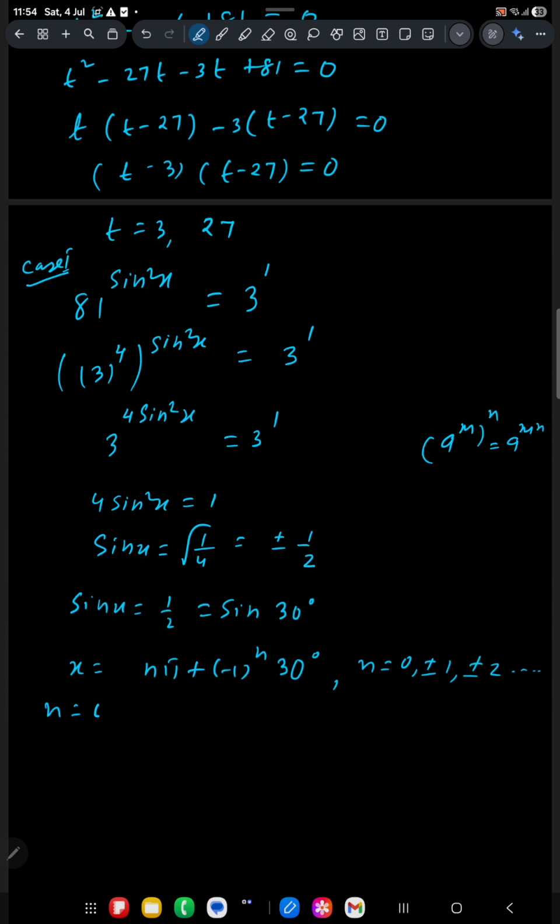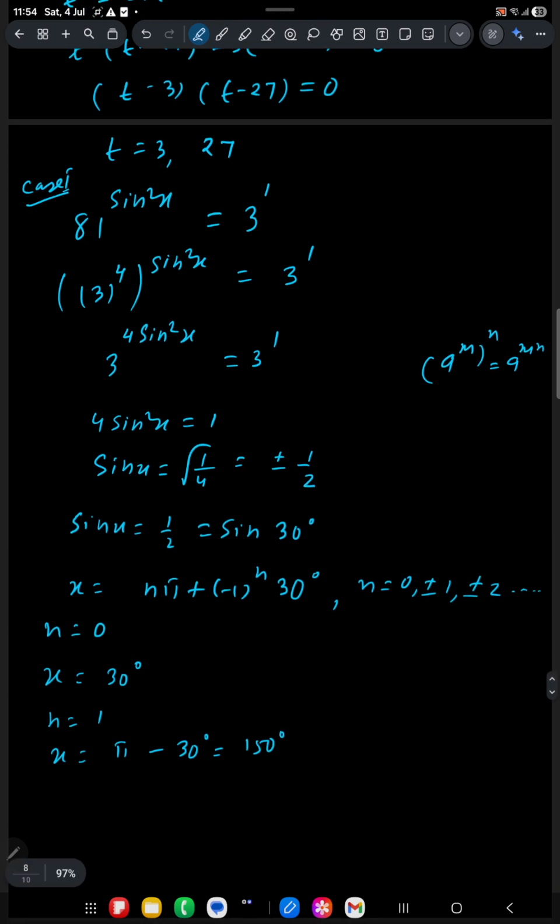If n is 0, then x will be minus 1 to the power 0, that is 30 only. If n is 1, then x will be pi minus 30 degree, which means 180 minus 30 is 150 degree. So it is within the range 0 to pi. If n is 2, then 2 pi plus minus 1 power 2, that is more than pi.